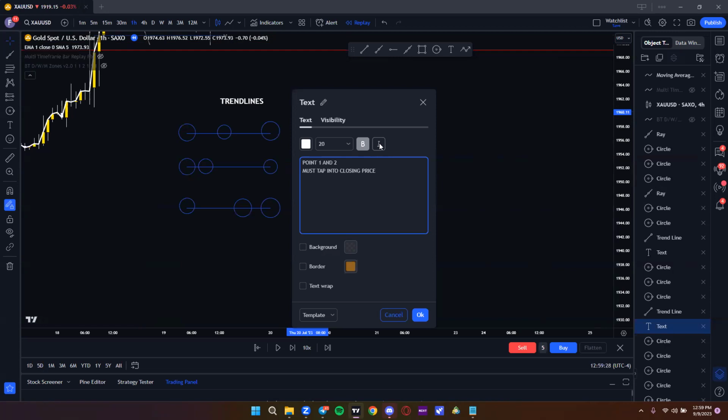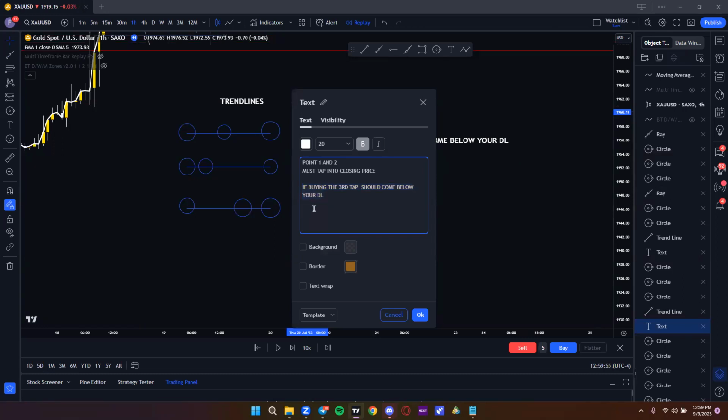So if you're buying, the third tap should come below your decision level, DL. If buying, third tap should come below DL.